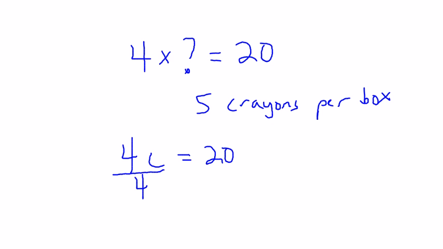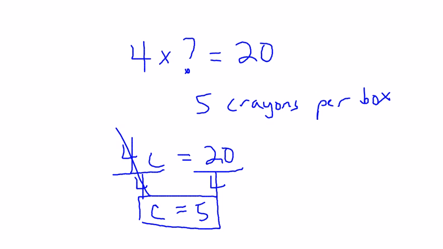Keep in mind, our goal is to isolate the variable. So in this case, we want to get c all by itself on one side of the equation. 4 divided by 4 leaves me with 1c, or simply c. And 20 divided by 4 leaves me with 5. 5 crayons per box.